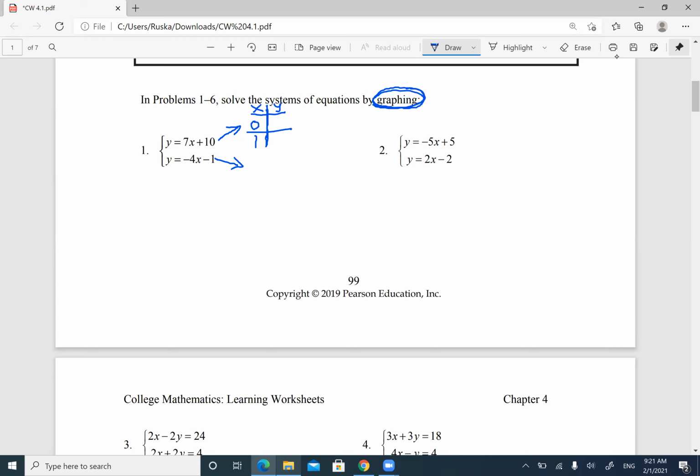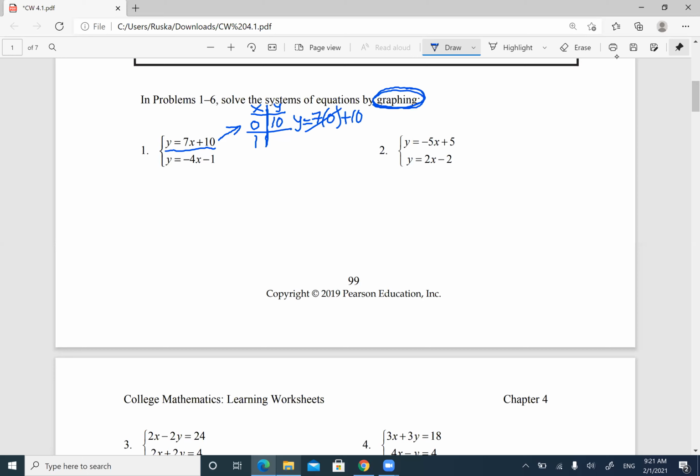When I replace X with 0 in the first equation, I'm going to find what Y is. So I have Y equals 7 times 0 plus 10. 7 times 0 is 0, so my answer for Y is going to be 10.